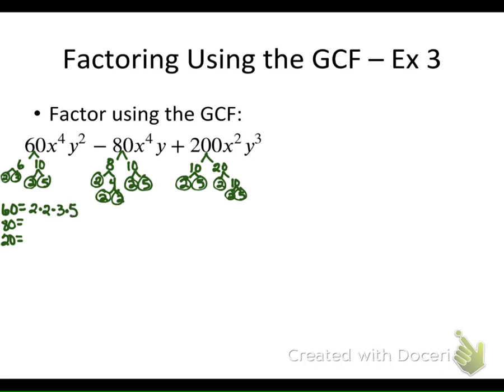Okay, and then for 80, Mike? The things I circled. What are those? 2, 2, 2, 2, 5. And for 200, Kaylon? 2, 2, 2, 5, 5.